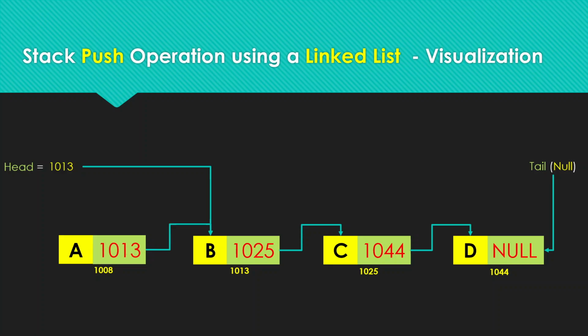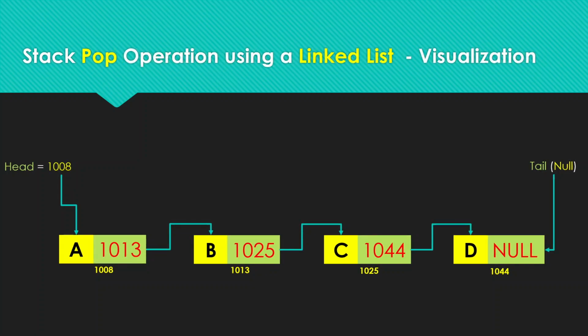Then after that, we simply delete what has been saved on the node and point the head to the node that we just created. And now the node A becomes the top of our stack. So that is the push operation, really, using linked list. It's an O of 1 operation again.